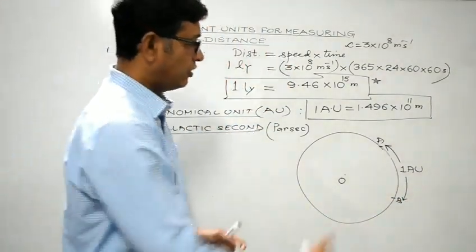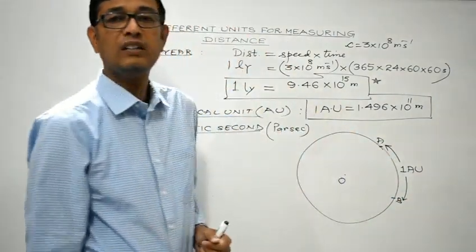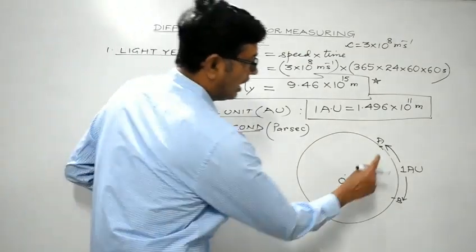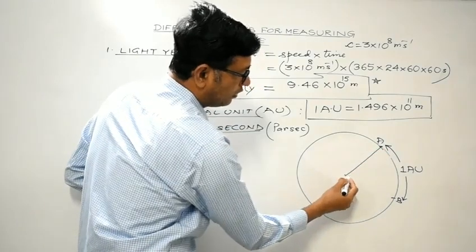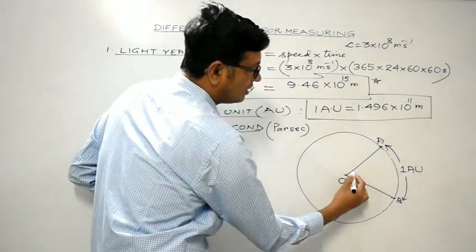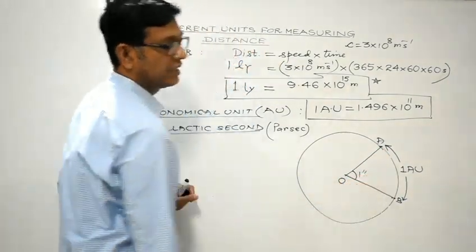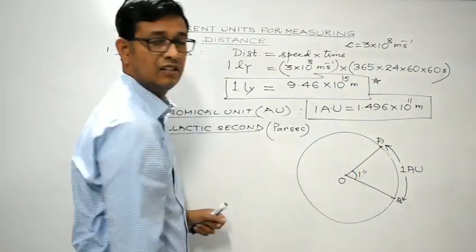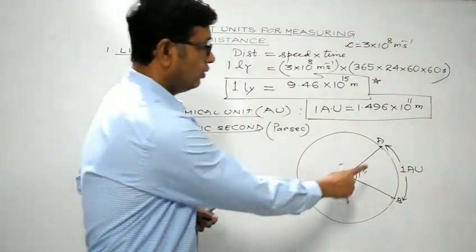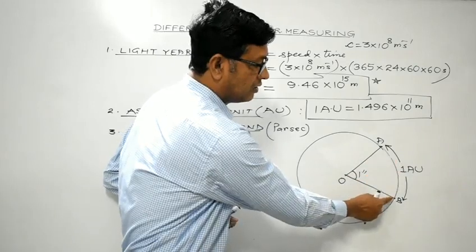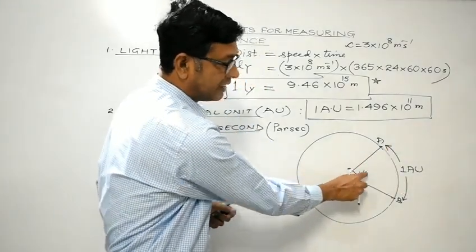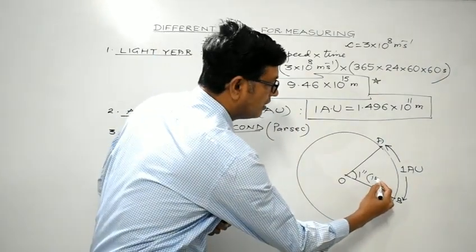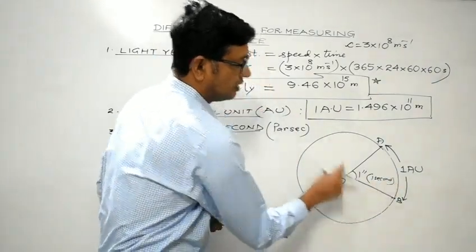So let's imagine the length of this arc is 1 astronomical unit, and this arc subtends an angle of 1 second at its center. This is the symbol for second. So let us consider an arc of length 1 AU which subtends an angle of 1 second at its center.